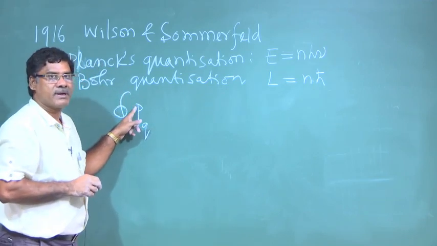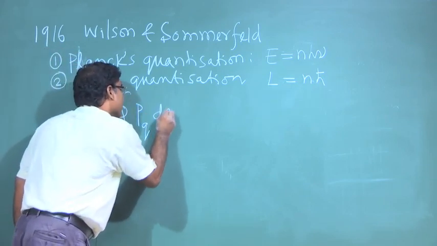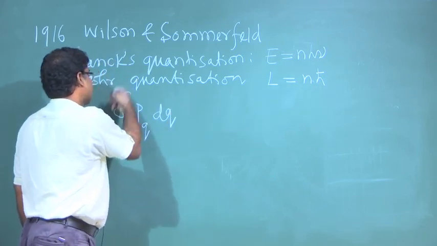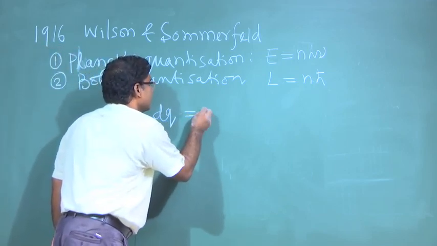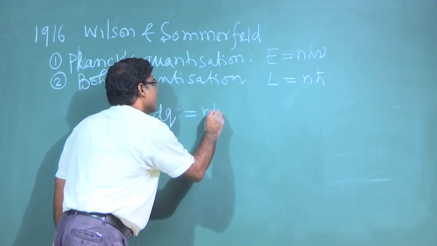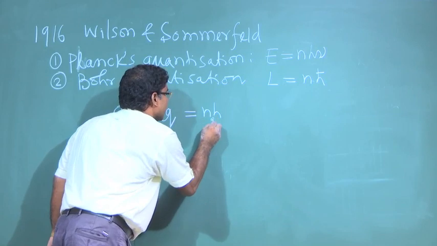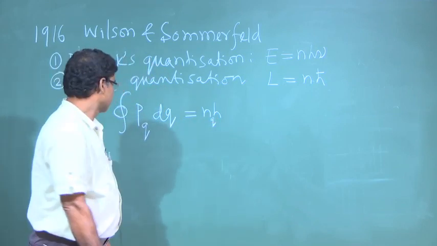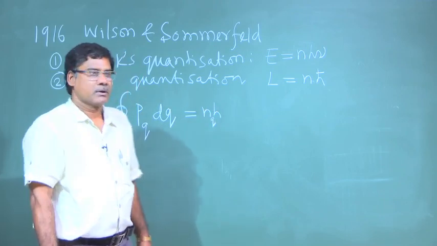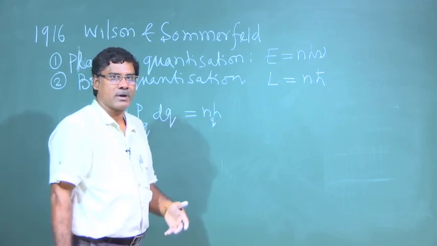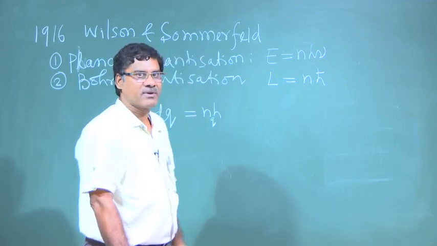So, the closed integral of p dq will be n_q h. That was the general quantization given by Wilson and Sommerfeld.